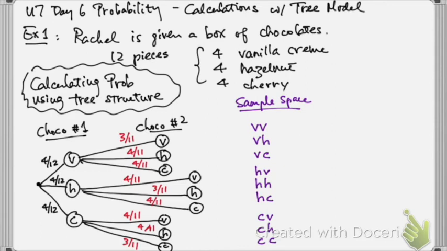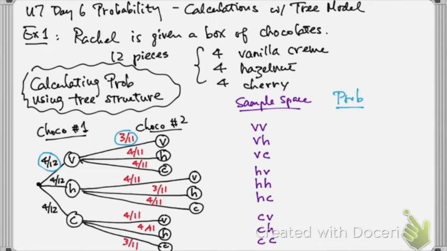And now I can calculate the probability associated with each outcome. And the way you calculate it is simply by multiplying the probability of all the branches that eventually lead you to that final outcome. Okay, so let me use blue for probability.